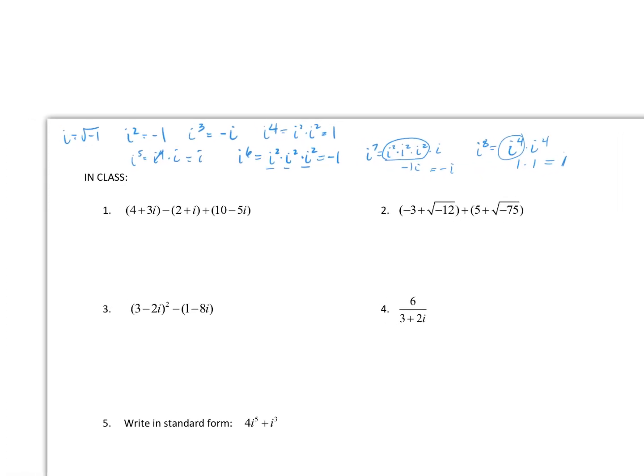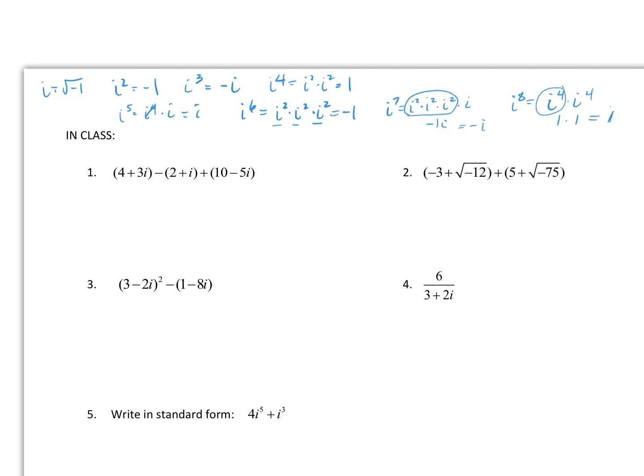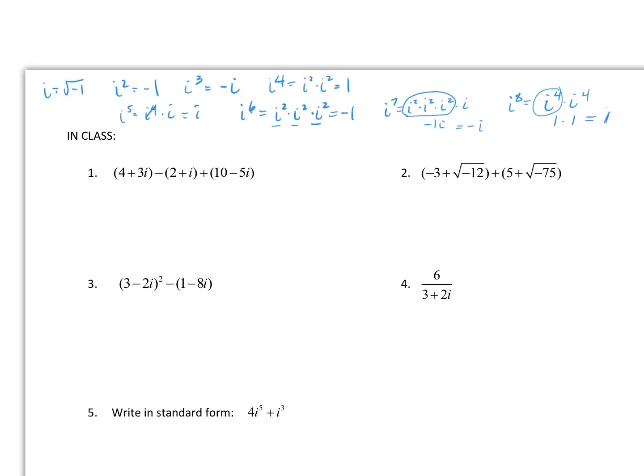Now, you've got a lot of little operations to remember how to do. I'm hoping you recall them. So the first one is dealing with complex numbers. A complex number is just a number that has a real component and an imaginary component, meaning like here, this has a 4, which is real, and the 3i is the imaginary. Together, this makes a complex number.